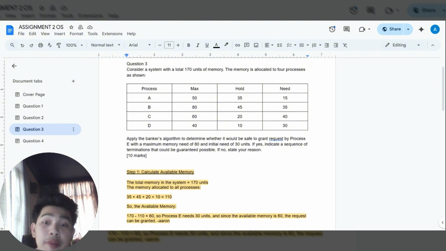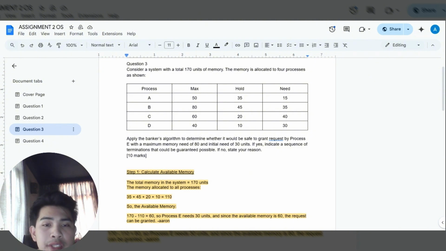To calculate the remaining memory, we have to subtract the total holding memory of all of the processes combined from the total memory. As you can see in step 1, the total memory in the system equals 170 units and the memory allocated to all processes is 110.